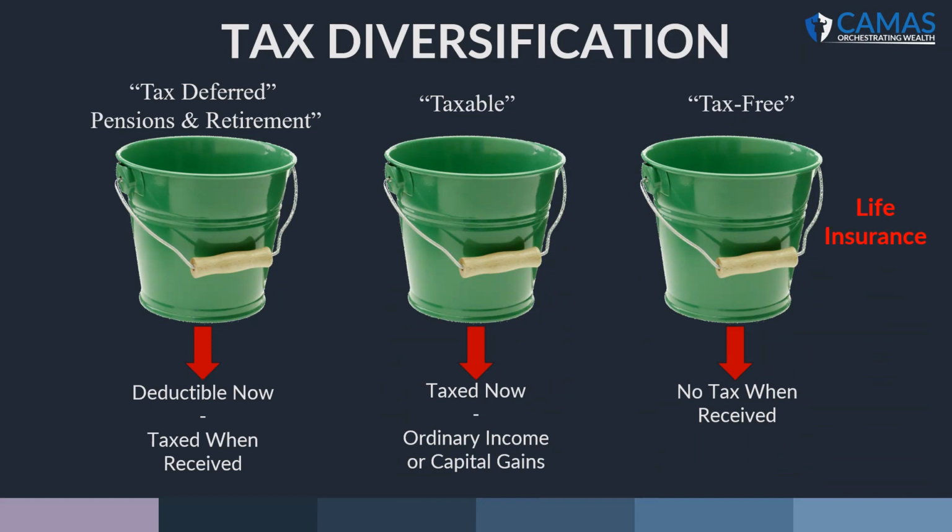But a lot of times we need that third bucket, tax-free. Can we fill that tax-free bucket? Do our clients understand there's a tax-free bucket that can be filled, that we put the money in, we grow it tax-free, we access it tax-free, and if there's a death, we've got an income or potentially estate tax-free death benefit. It's a great bucket to fill. We just need to be aware of it.